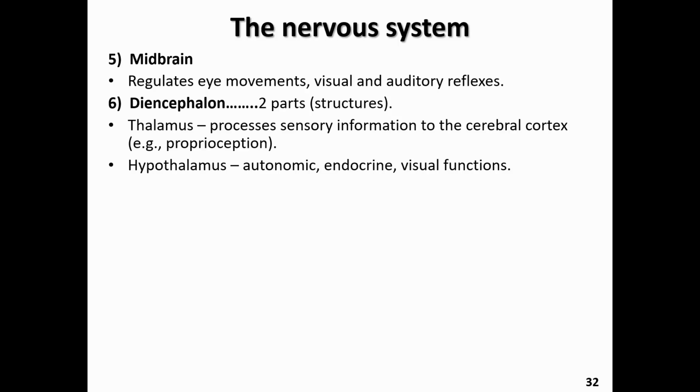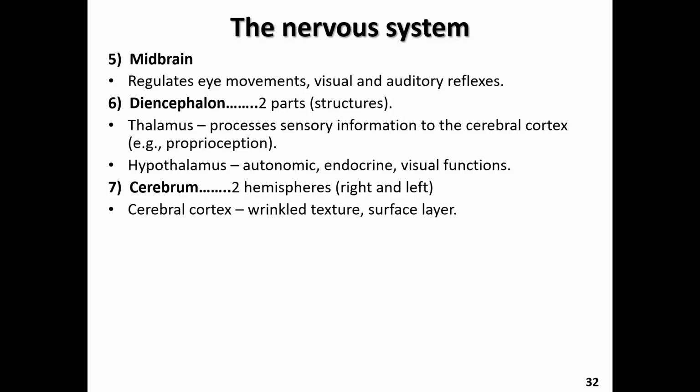To quickly summarize its functions, the hypothalamus is part of the autonomic nervous system, plays a very important role in the endocrine system, which is involved in the production and secretion of hormones, as well as various visual functions. As we continue to move towards the outer layer of the brain, or the cerebrum, we know the cerebrum is made up of two hemispheres, a right hemisphere and a left hemisphere.